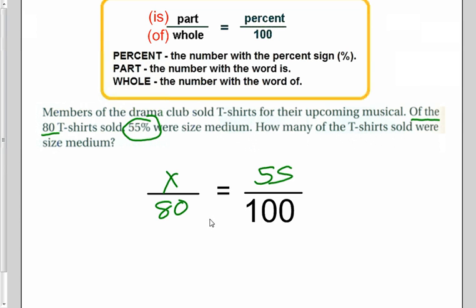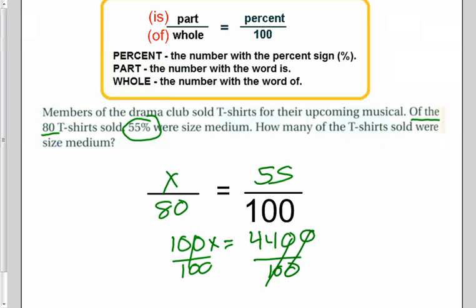All right, so let's go ahead and solve as we did on the last page. 100x is going to be equal to 80 times 55. Again, if you do not have a calculator, be sure to get one. And that equals 4,400. Divide by 100, divide by 100. And x is going to be equal to 44. Let's answer that with our label, however. How many t-shirts were medium?